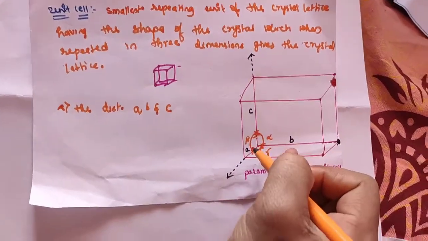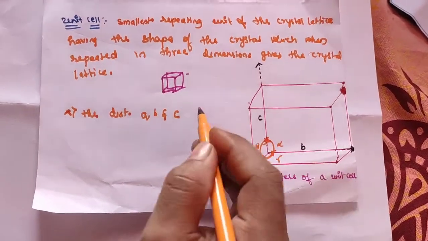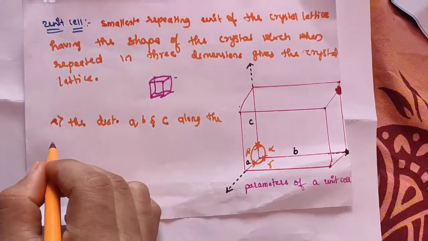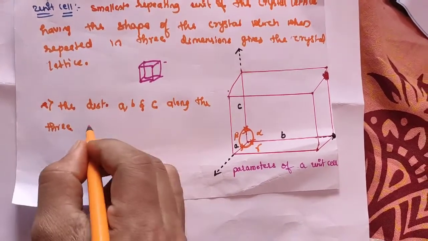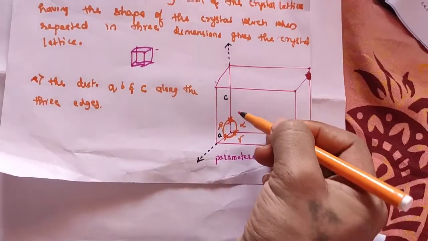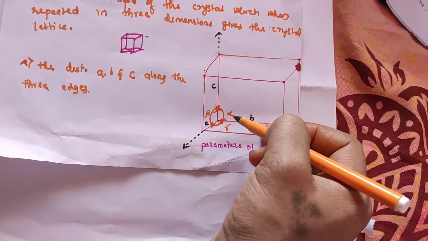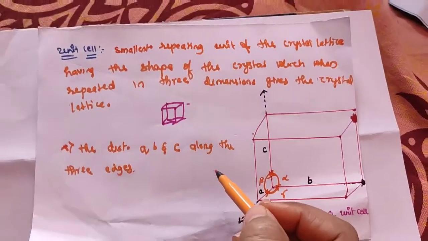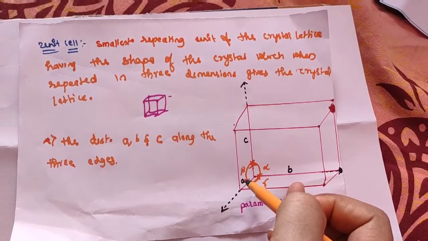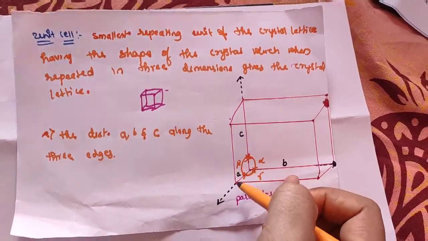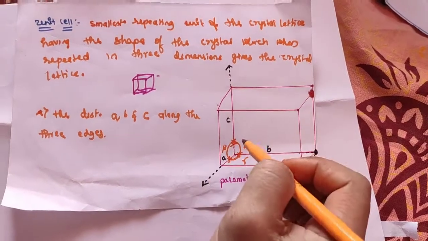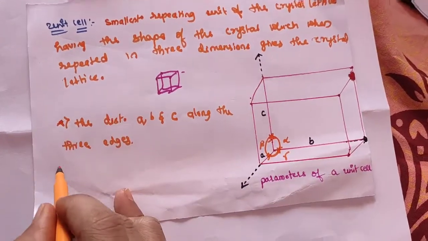The distances A, B and C along the 3 edges, which may or may not be mutually perpendicular. So it indicates the distances A, B and C along the 3 edges. This is the A edge, this is the B edge and this is the C edge. So this is the first point.